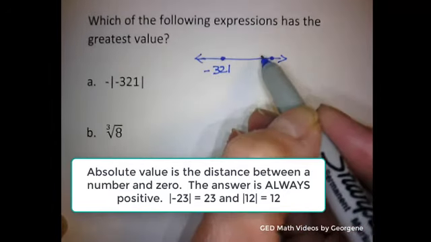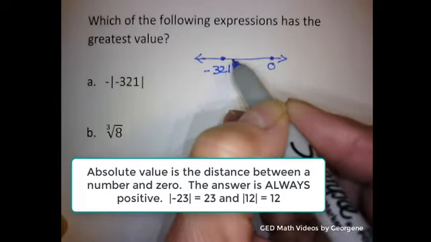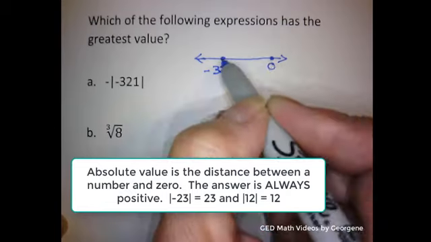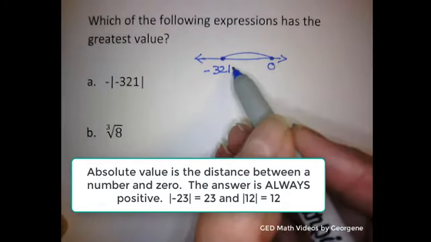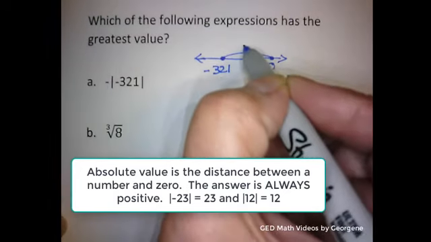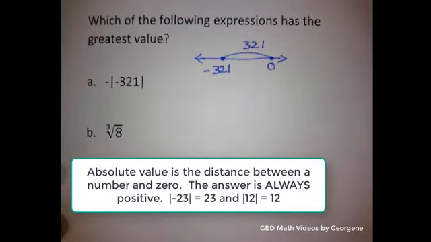If I had 321 little units reaching out to the left, and I were to determine how many there were, that would take me a little while, but in the end, I would know that the distance between a negative 321 and 0 is going to be 321 units, and so that's a positive number.